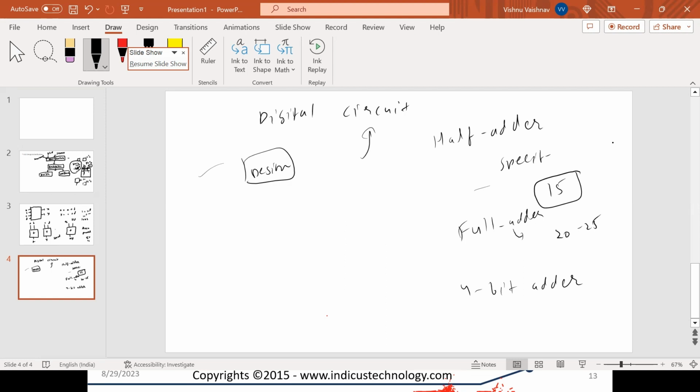I think we should be thankful to the engineers who worked hard and got us here without the help of any automation or tools. Now with a 4-bit adder, a very small circuit, we are still stuck.